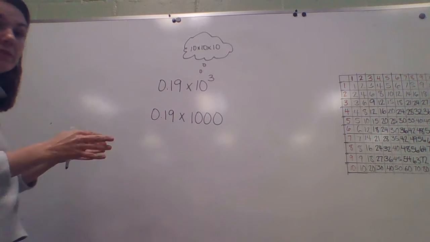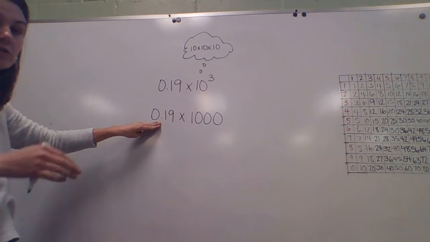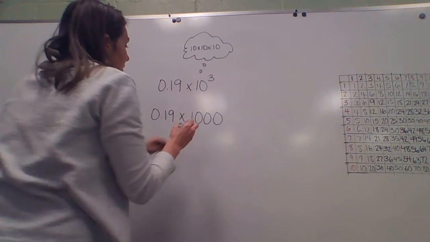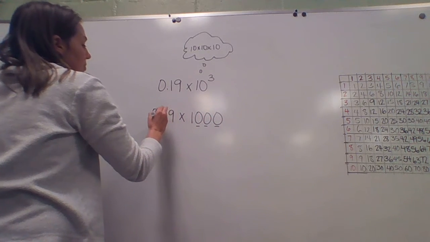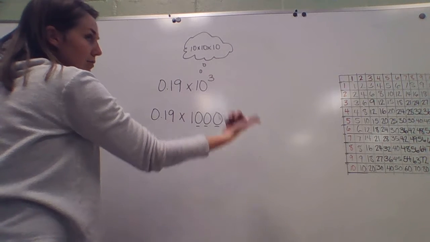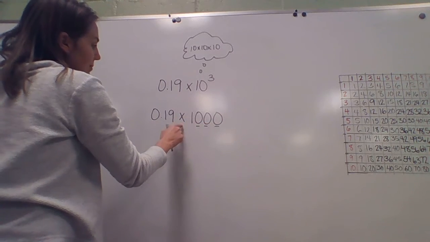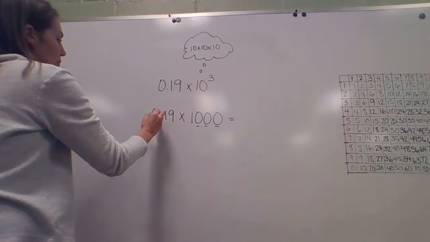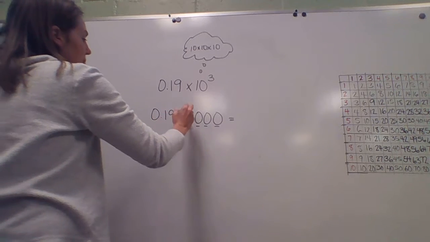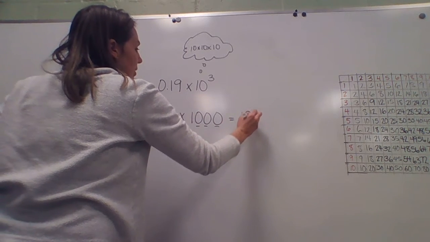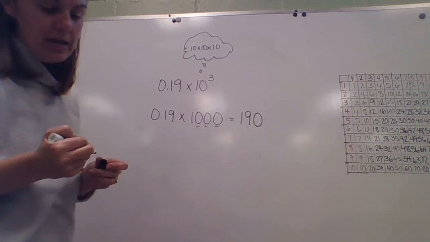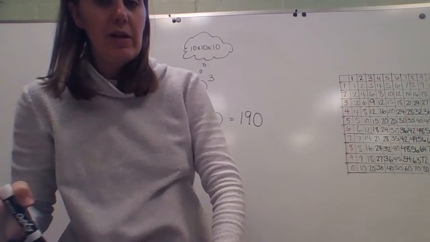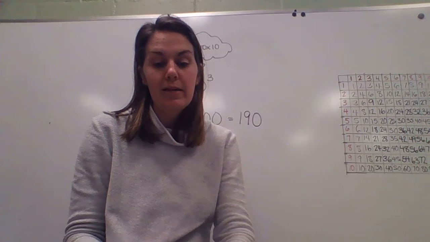So we're just going to combine those steps and say I have 19 hundredths times 1,000. I have 3 zeros, so I'm going to move my decimal point 3 places to the right because I'm multiplying. So I go 1, 2, and I need to add one more 0 to make it 190. Either way, both times you're going to get a product of 190.